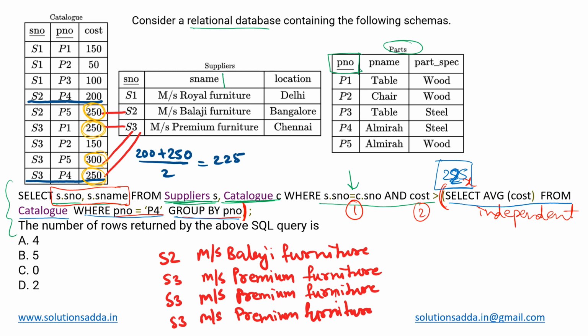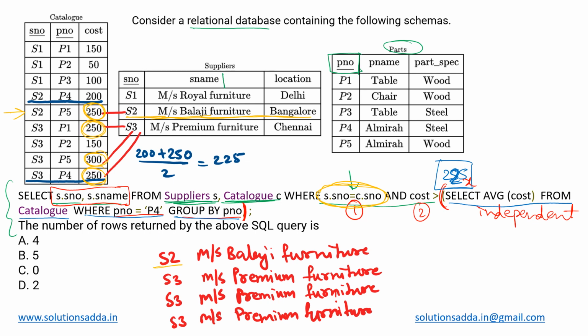So now these four will be used for joining with supplier table. But which tuple of the supplier table? That will be determined using this first joining condition, that both the S numbers must be same. So as we can see in this first one, the S number is S2. So this tuple will be combined with the corresponding S2 tuple of supplier table, which means this one. As you can see, I've noted it down over here.